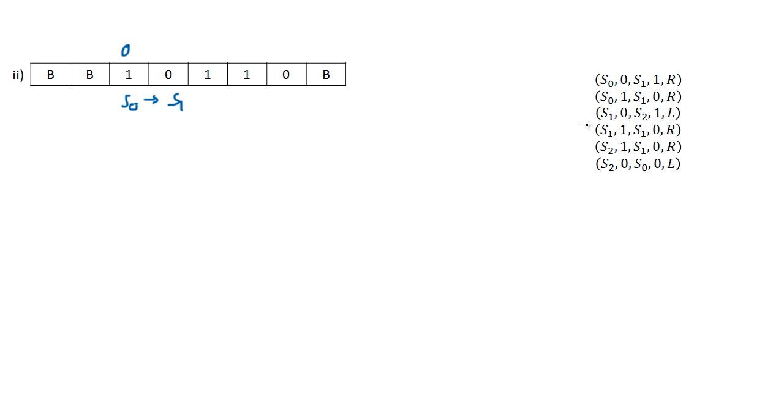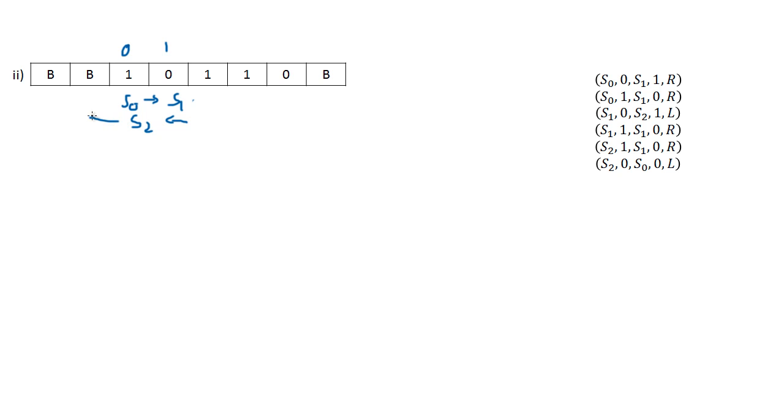So the state's S1, 0. That means we're going to move to the left to S2, and the current value changes to 1. And now we are in S2. S2 is at 0. And when S2 is 0, we move to the left to S0.